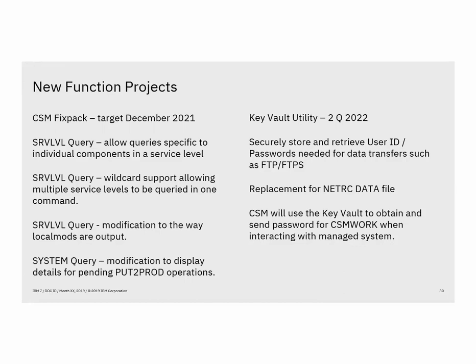Now, the new function table there lists this as being targeted for December of 2021. That's only a month away. I don't really think it's going to make that. I think there's still key work going on. So probably it's going to be sometime in 2022 that this will be available.